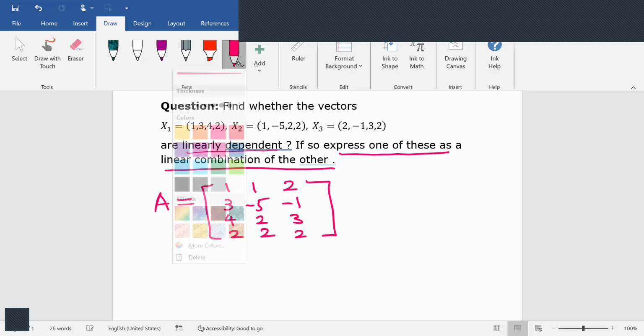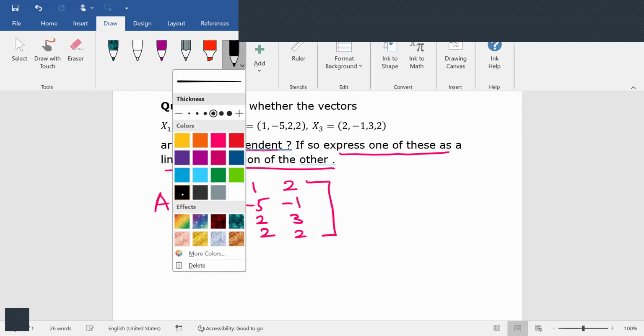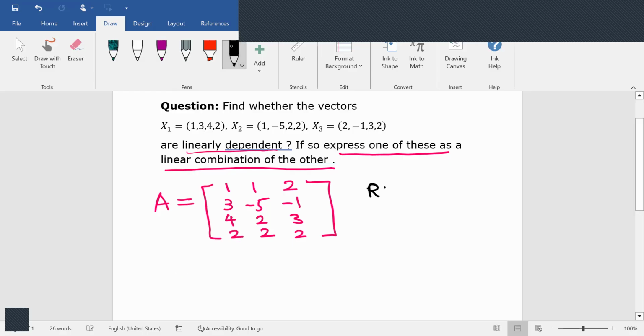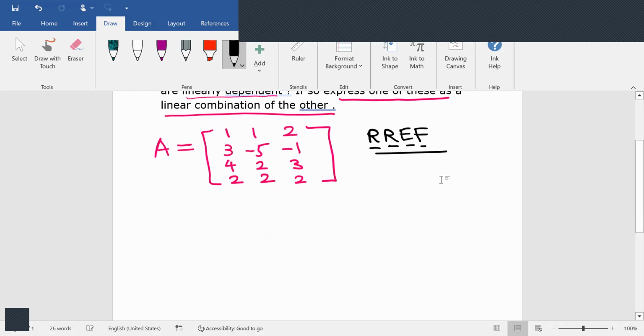And now I am going to use the row reduced echelon form, RREF. So I'm going to use basically row transformations to convert this to the row echelon form.